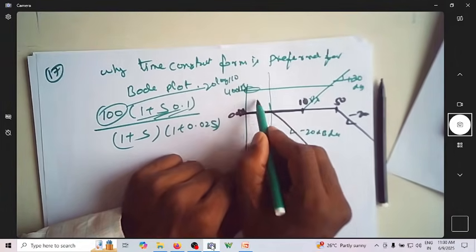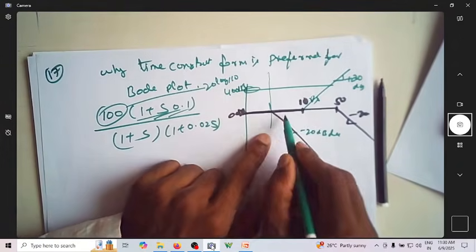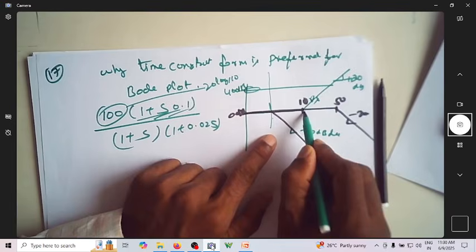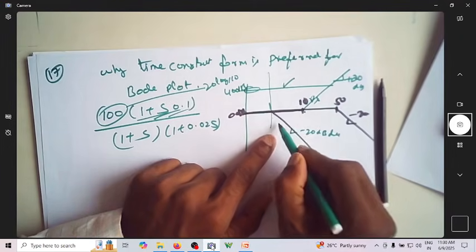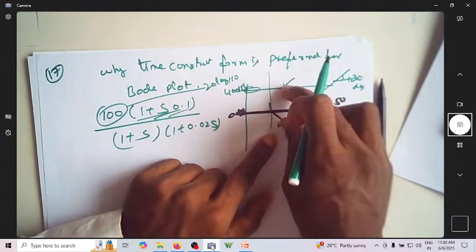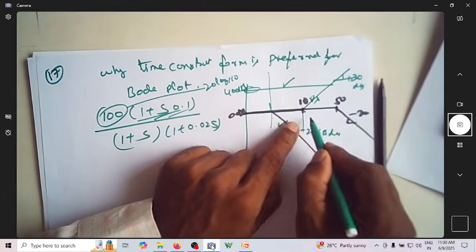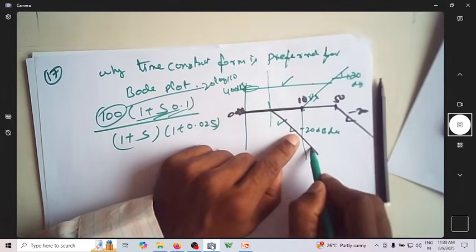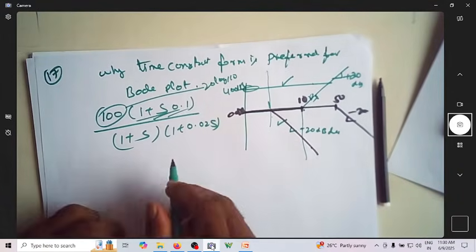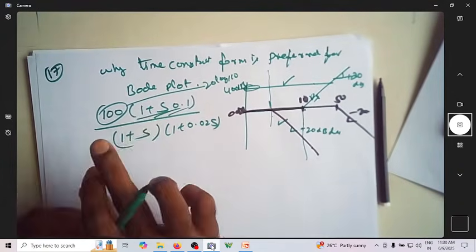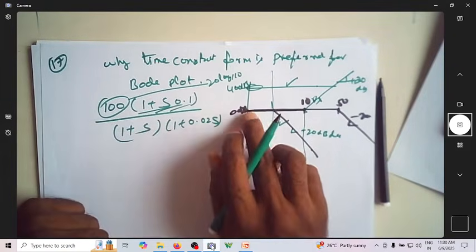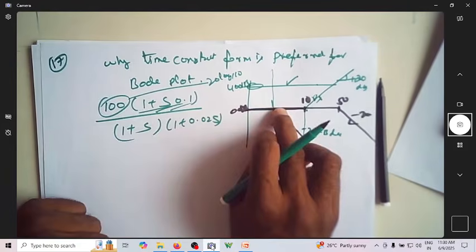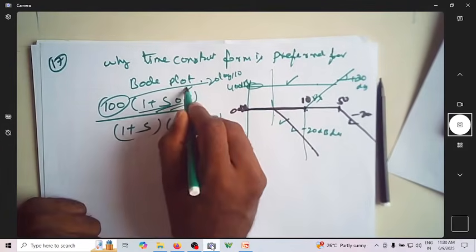Between 1 and 10, who is contributing? It is these two terms. And from 10 onwards, it is the contribution of all three terms. So that's why, if it is in time constant form, we can simply write all other terms' contributions as 0 dB till their cutoff frequency.